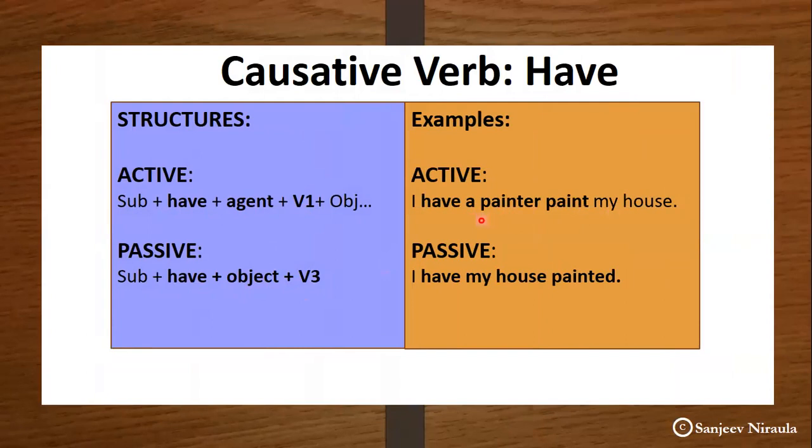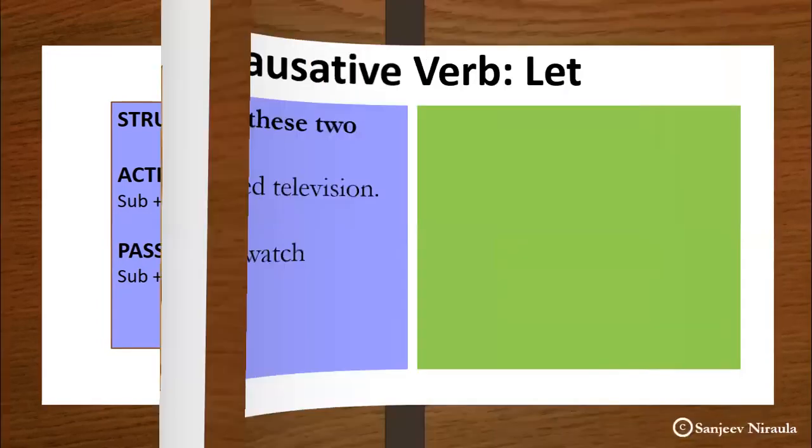He is coming and it is he who is painting my house. Whereas in the second sentence, which is the passive one, I have my house painted. Agent is missing, obviously by painters. So since we have object only but not the agent in passive, we are going with the verb 3rd.